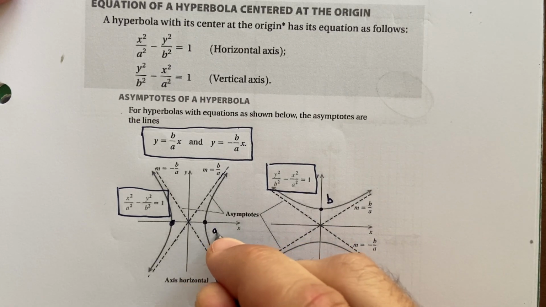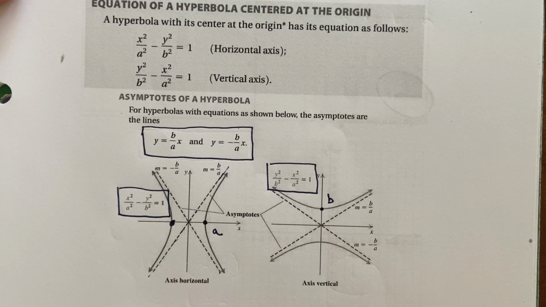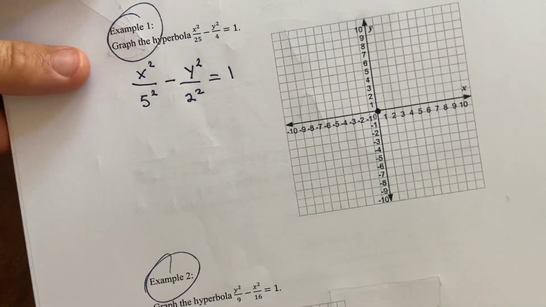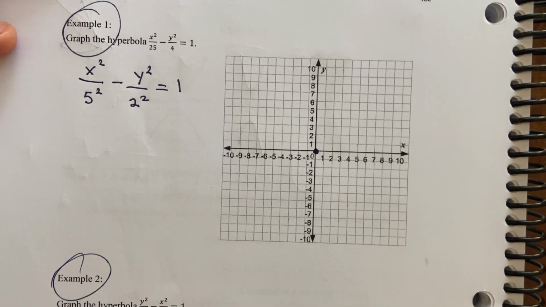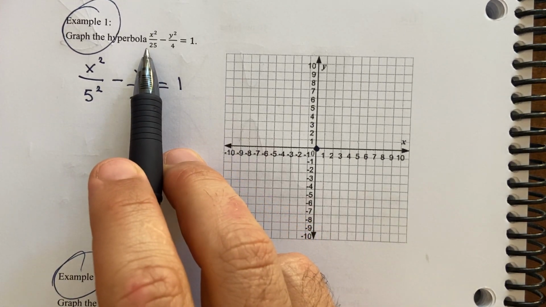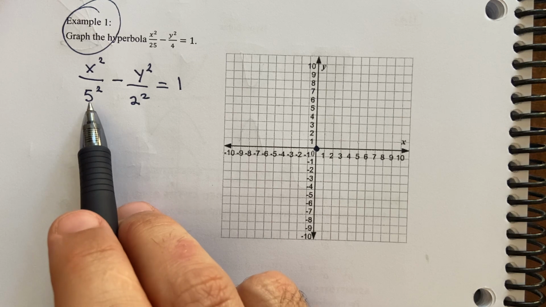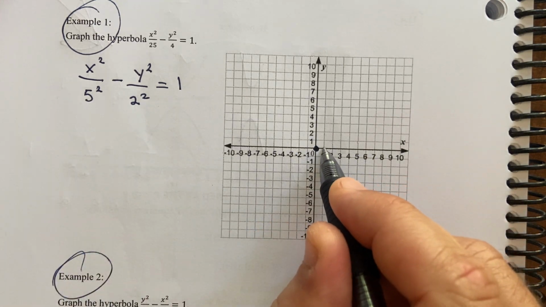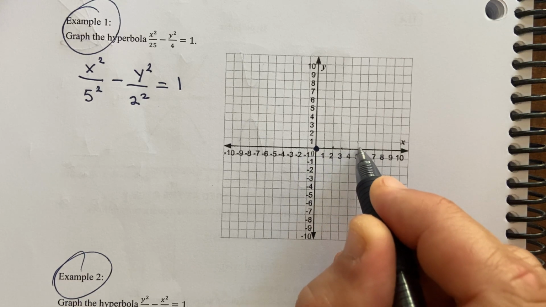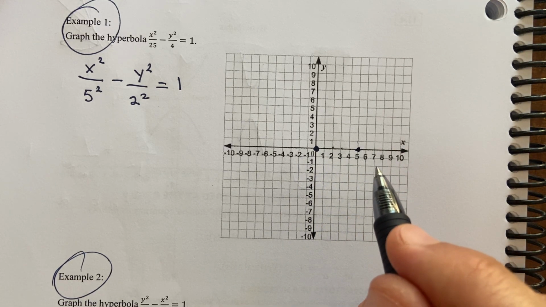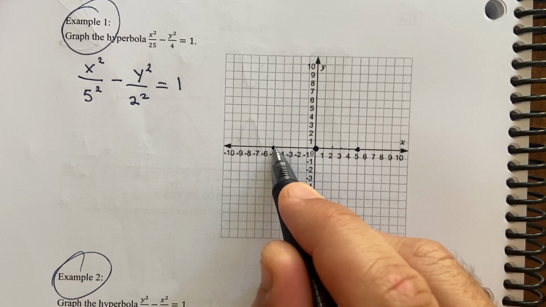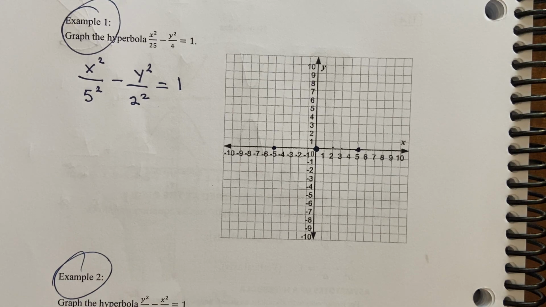This distance here would be a distance of a. This one is opening horizontally because of the x being positive. So I'm now looking at this number, and that's going to inform how far I go to the right to make the vertex of that right side of the hyperbola. Then do the same thing to the left. That'll be the vertex of the left side of the hyperbola.